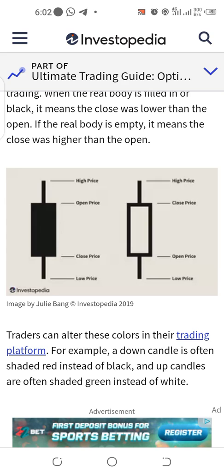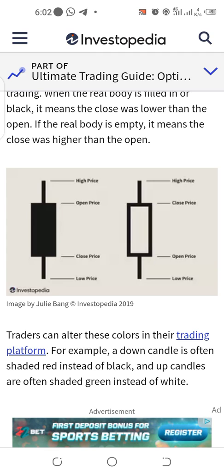Now the white part represents green in our trading platform. It is also telling us that the opening price is lower than the closing price. That is why it is white or green in our normal trading platform. The bigger side is also referred to as the real body.